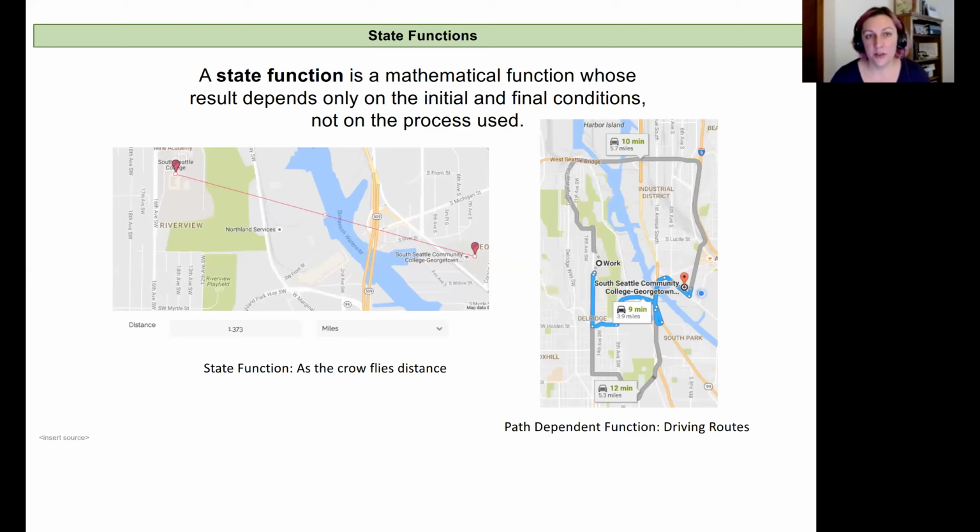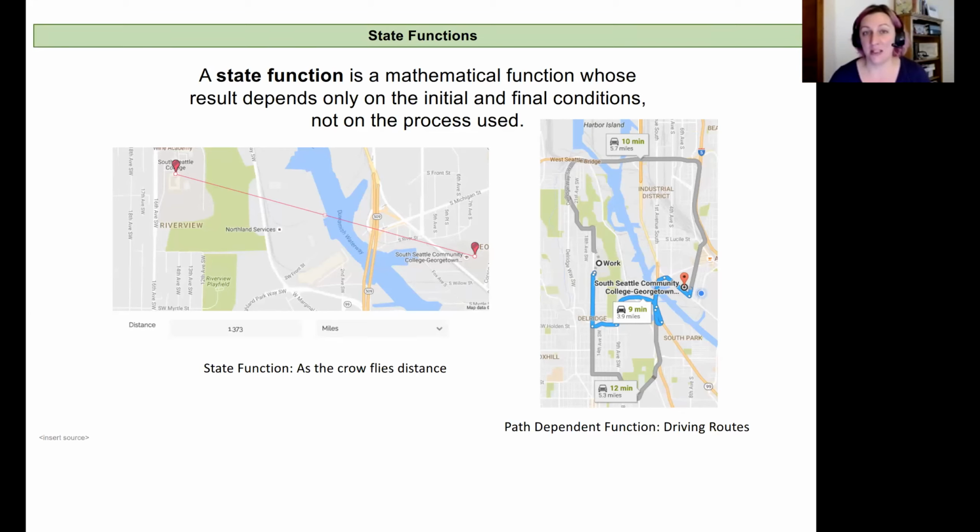Now, before introducing internal energy, I want to take a quick moment to talk about what a state function is. It's any mathematical function whose result depends on the initial conditions and not the actual process used. This is my best analogy for it. If we're looking at the distance between Seattle's main campus, South Seattle College's main campus, and the Georgetown campus, we can measure the distance between the two in a couple of ways.